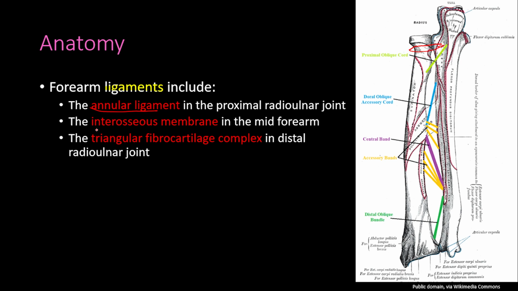The interosseous membrane, on the other hand, consists of 5 different ligaments. Those include the proximal oblique cord, the dorsal oblique accessory cord, the central band, the accessory band, and the distal oblique bundle. And we also have the triangular fibrocartilage complex in the distal radio-ulnar joint.